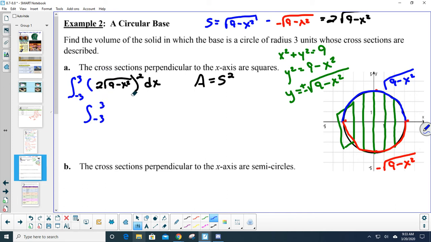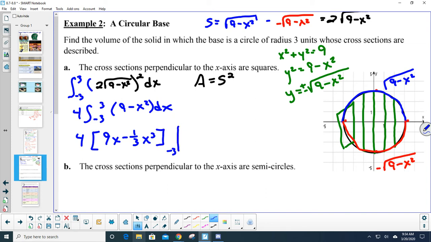I'm going to square everything in here, and I'm going to put the 4 on the outside. 2 squared is 4. The square and the square root undo each other. And I now have 9x minus 1/3 x cubed, going from -3 to 3.